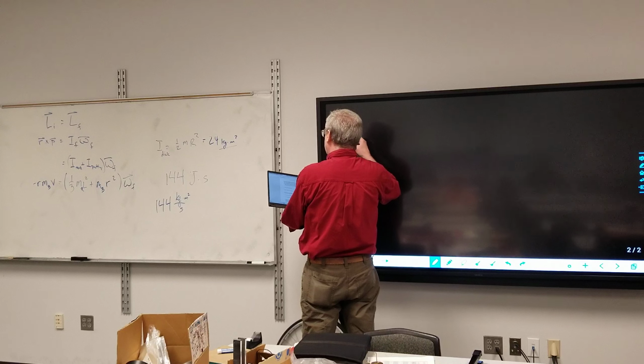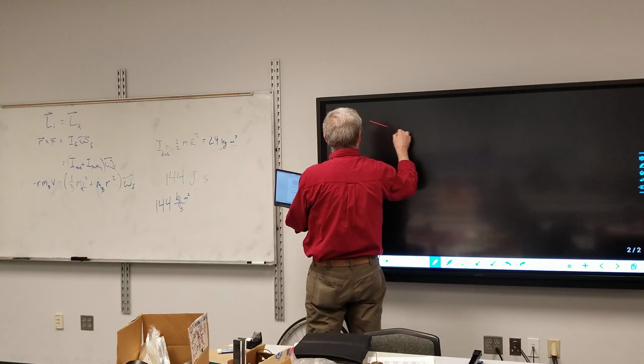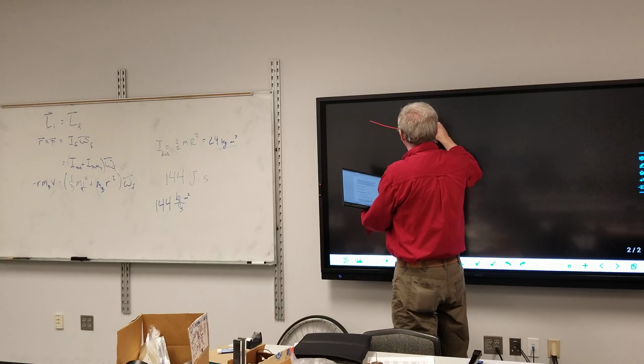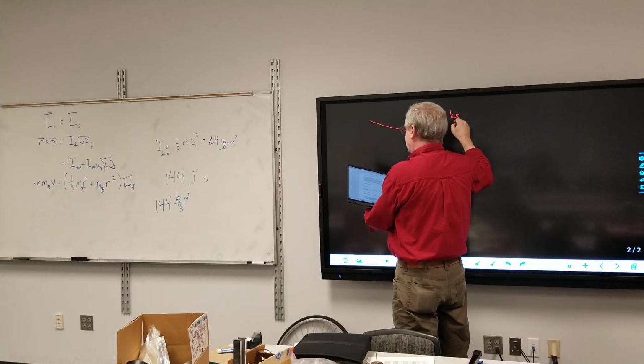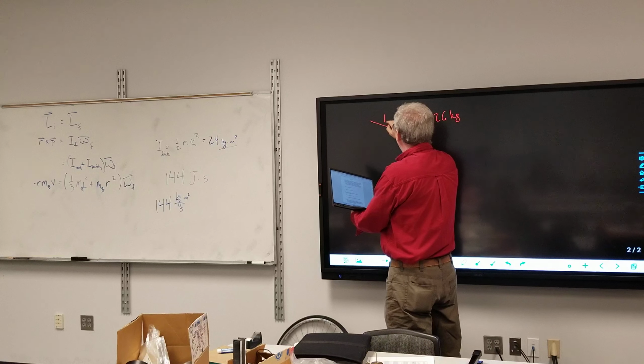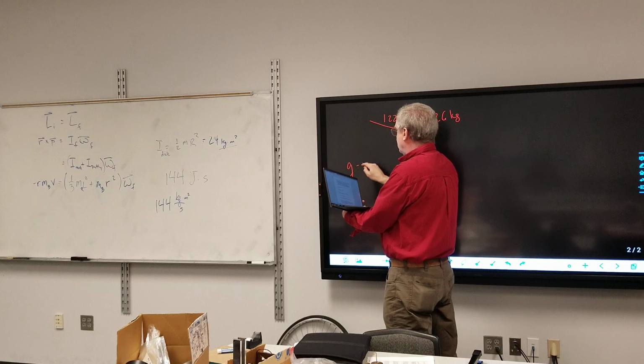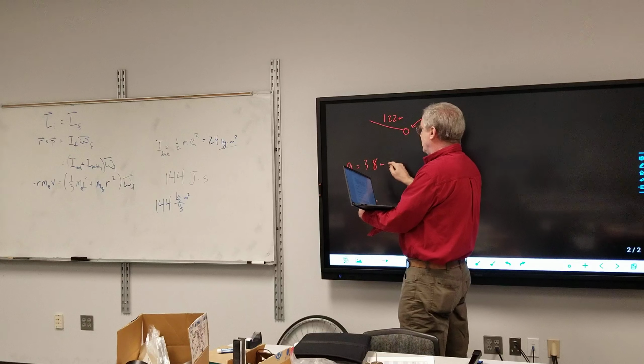All right, hammer throw attached to a chain. So basically we're going to be swinging this thing around. 7.26 kilograms, 1.22 meters. It takes place on Mars, which I think is 3.8 meters per second squared.